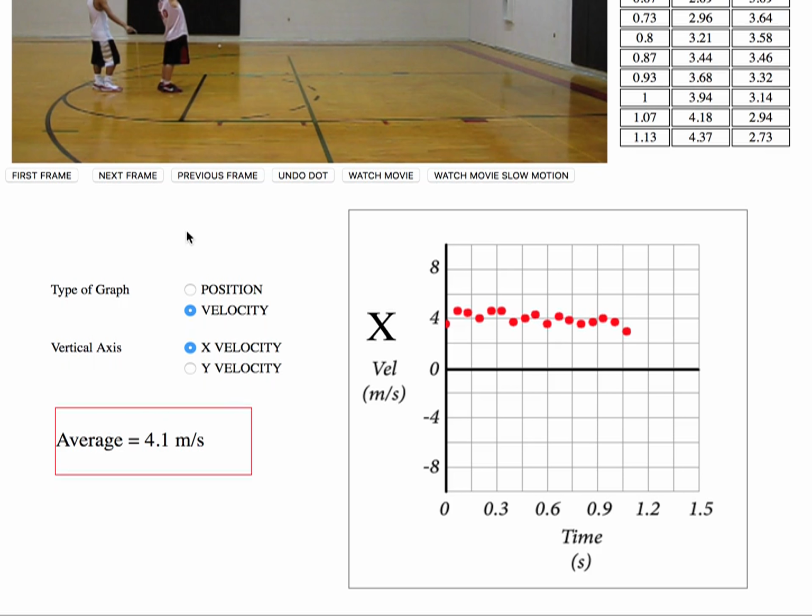The last graph that we're going to look at is y velocity. Once again, you need to sketch this graph in your data collection. Notice it has a completely different shape than our horizontal velocity. This is because the dimensions are independent.